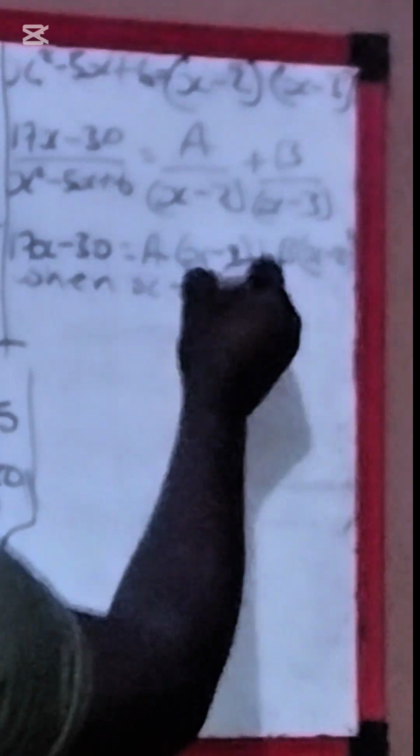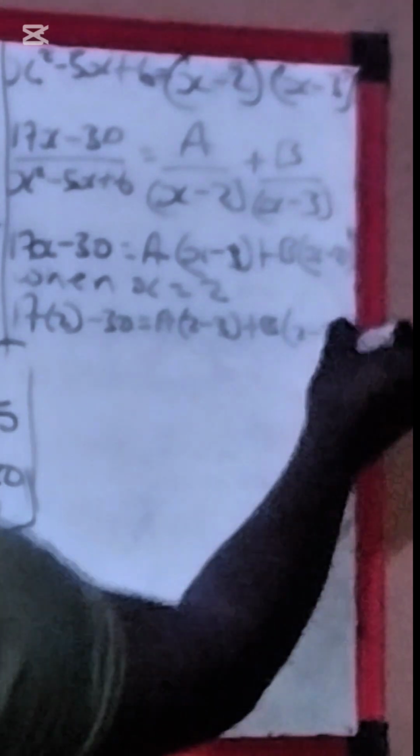When x is 2, we substitute 2 across all. So we have 17 times 2 minus 30 equals a times 2 minus 3 plus b times 2 minus 2.